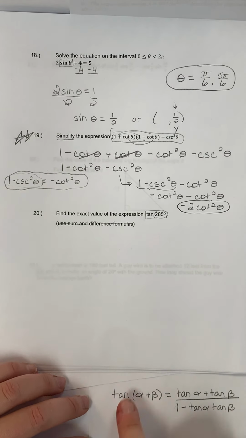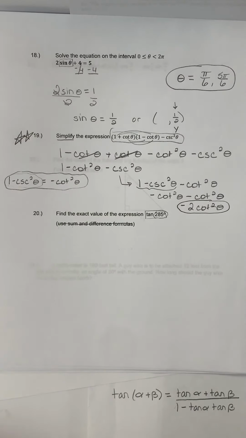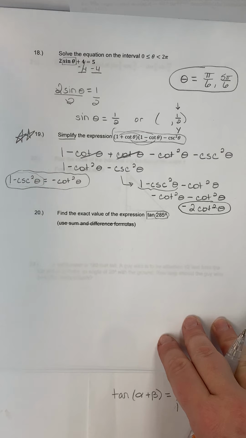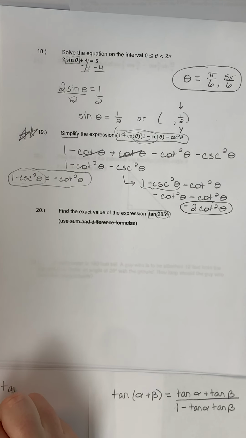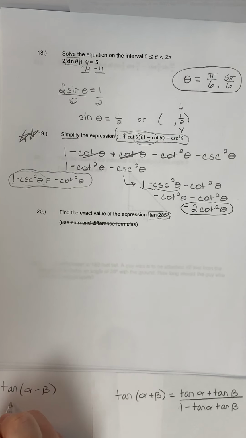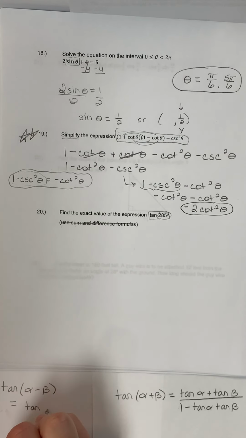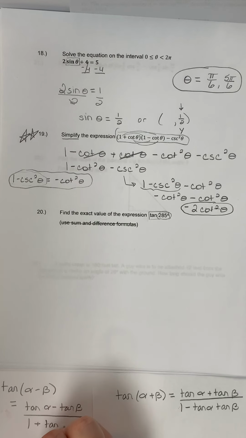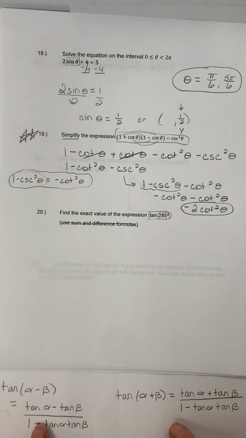This is if you wanted to make a sum of degrees to give you 285, okay? We can also make a difference of alpha minus beta, okay? That's going to be tan alpha minus tan beta over 1 plus tan alpha tan beta, okay? So here are your 2 formulas to keep in mind. You need to write those somewhere so that you have them.